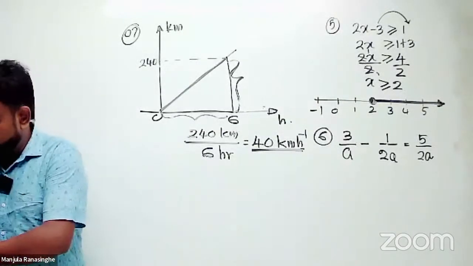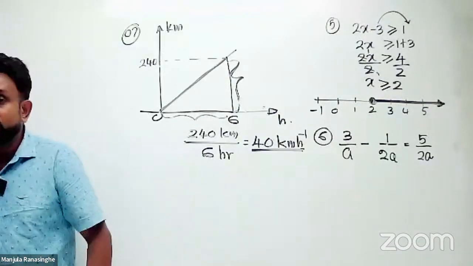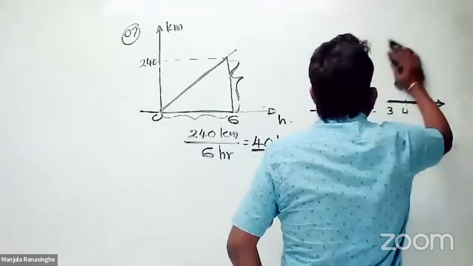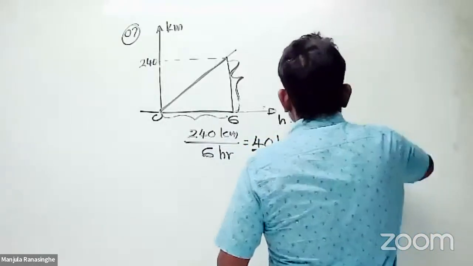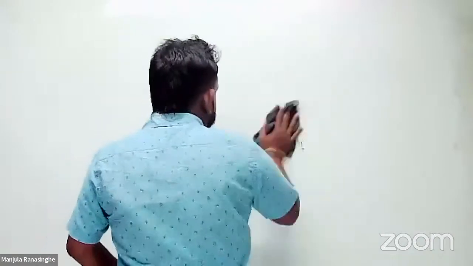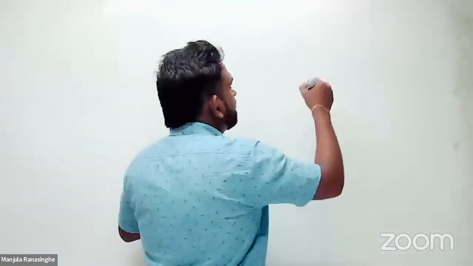Right, now we are moving to question number 8. See question number 8. We have a triangle there.